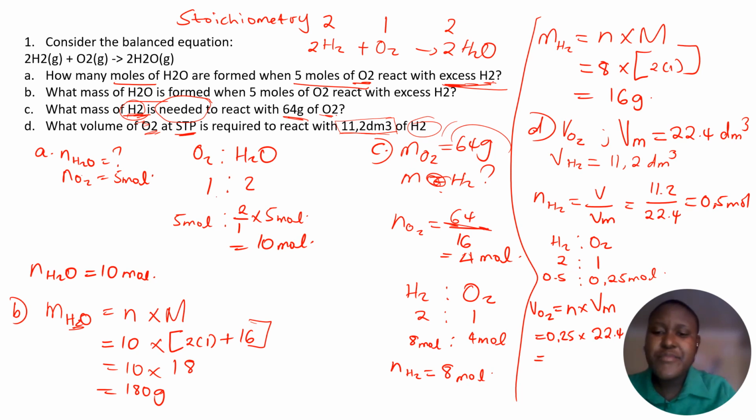You know, at standard temperature, Vm is constant. It is always 22.4. So that's 0.25 times 22.4. It gives us 5.6. Remember, because it's volume, it has to be in cubic decimeters. And that answers the last question.